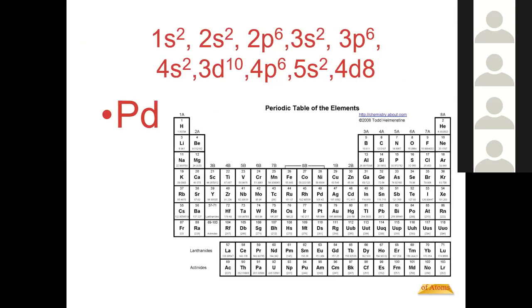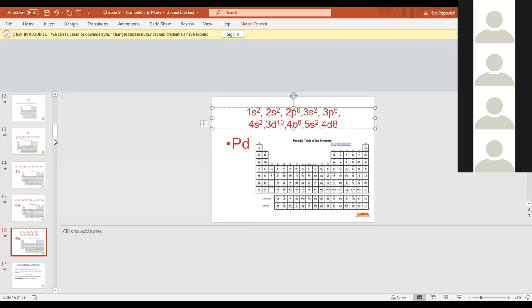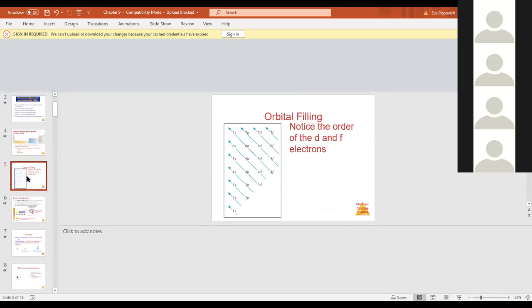Okay, remember, we have to do that tail of the arrow to the head of the arrow. The 5s was before the 4d, but if you look at that chart, do I need to bring the chart back, Dylan? Yes, please. You see it, Dylan? The last one you said was 4d10.